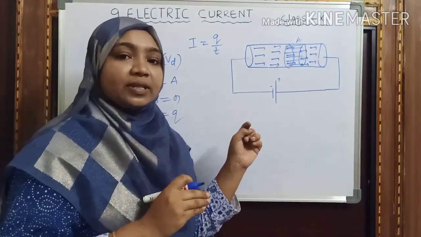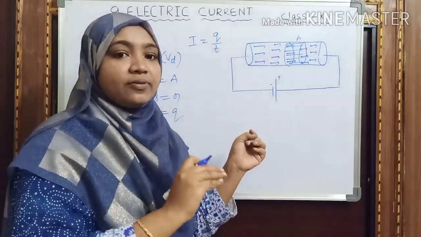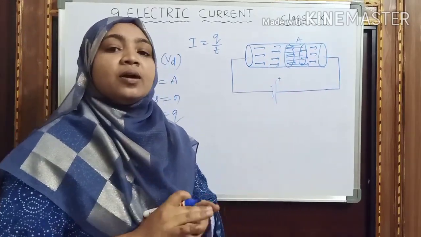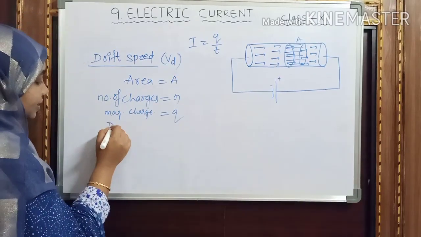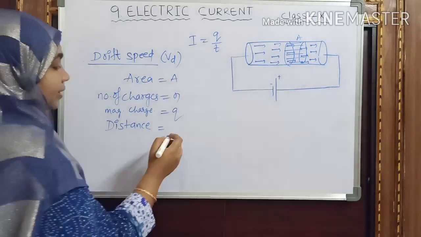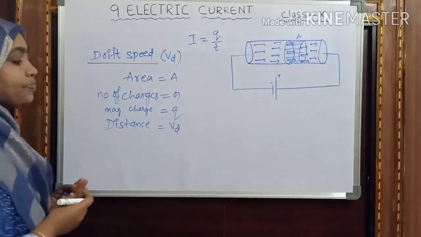When time is equal to 1 second, simply the distance is equal to its speed. So the distance covered by the electron in 1 second is written as Vd.